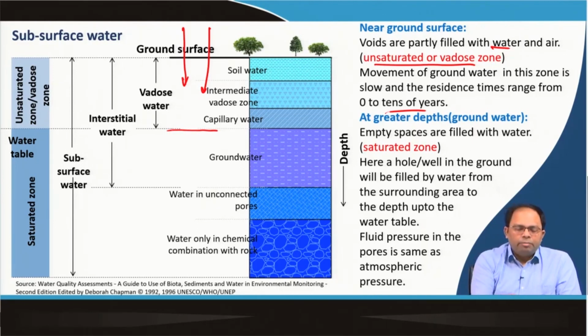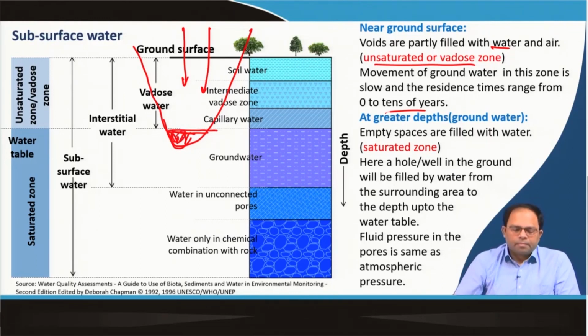That is why in many villages, people dig in river channels and then they get water, or in some areas they keep on digging and get water because they do not have any surface water source. That means they have to dig until this part, and then over here they will see water accumulating, because this is the water level. They have to dig till the water level, and this is from where they can extract the water.